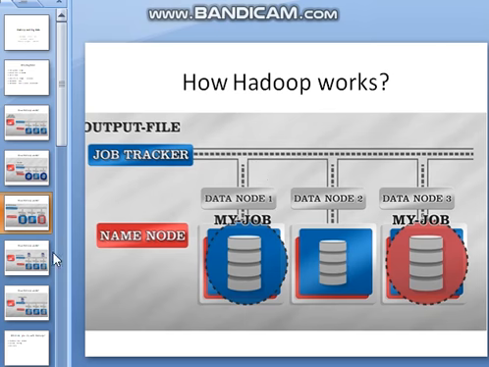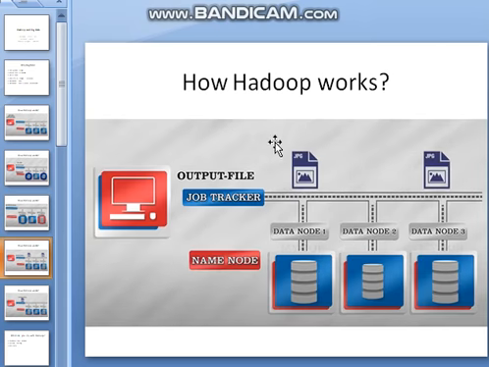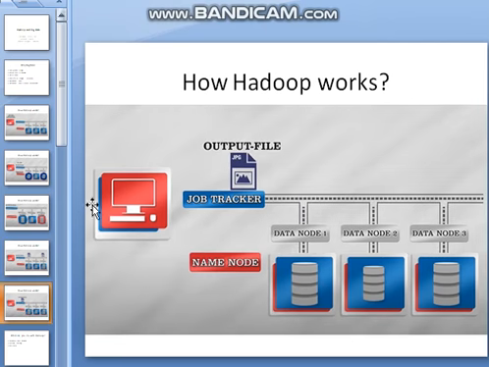Once it's found in node 1 and node 3, the results are merged and come to the output file. Finally it goes to the system as an output, and our job is done.